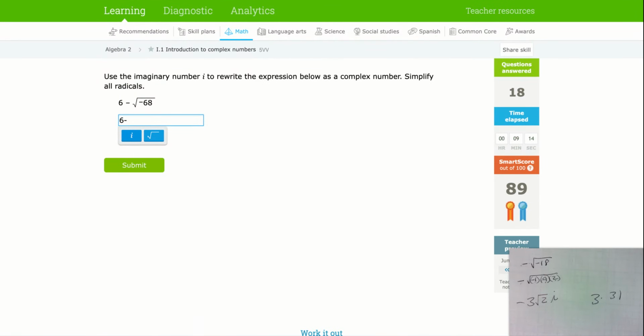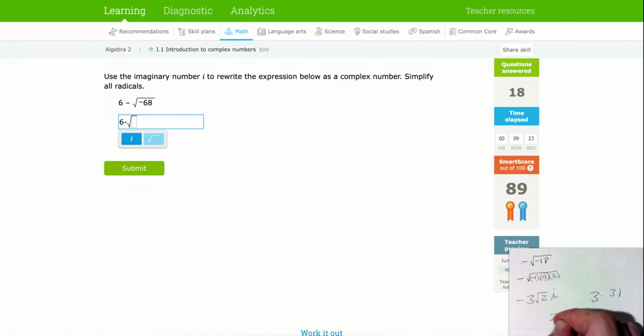6 minus the square root of, well, actually, I might be able to pull something out of 68. 68 is 2 times 34, not 24.